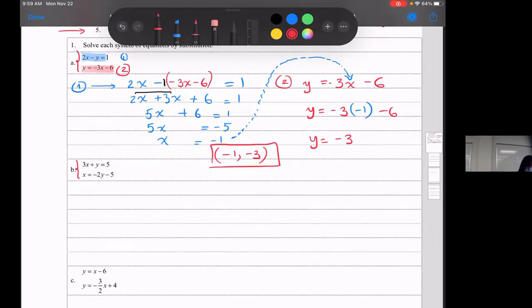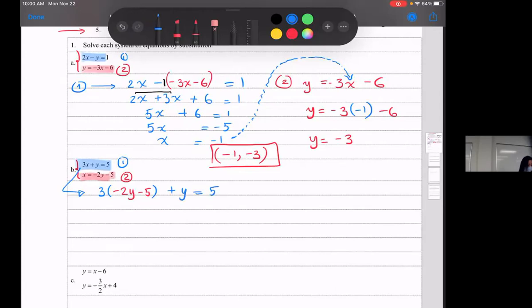Right. So because the second equation is already solved for, use that. I'm going to label this number 1. This is number 2. For the blue one, 3 instead of x is going to be negative 2y minus 5, and then plus y equal 5.